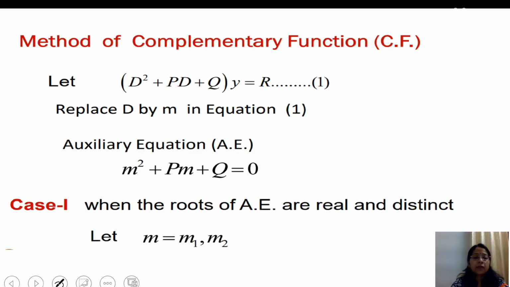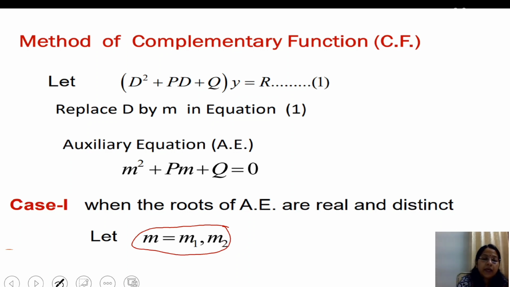The first case to find the CF is when the roots of the auxiliary equation are real and distinct. Then how are we going to have the complementary function? Suppose we have the roots of the auxiliary equation as m1 and m2.